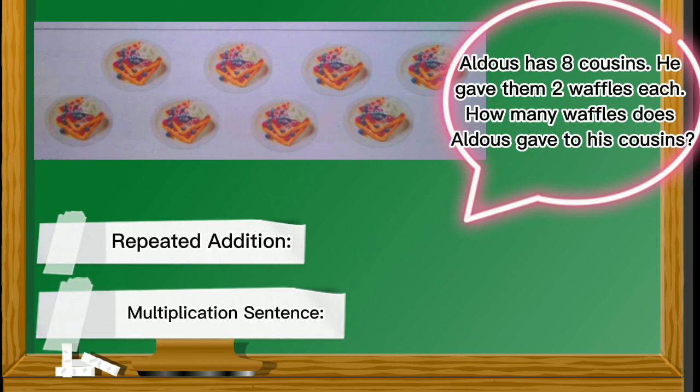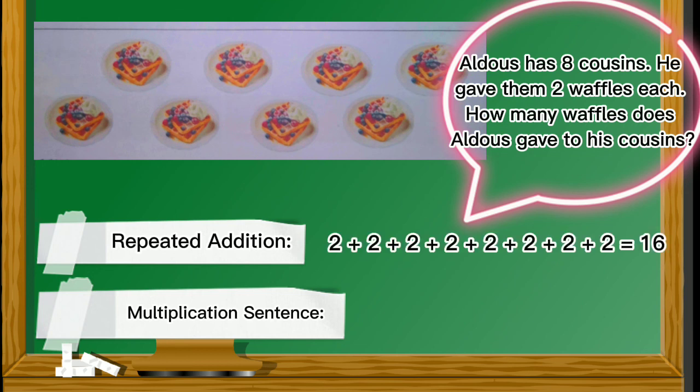What would be the repeated addition for this situation? Let us count the number of waffles. 1, 2. There are 2 waffles in each plate. That's why the repeated addition would be 2 plus 2 plus 2 plus 2 plus 2 plus 2 plus 2 plus 2 is equal to 16.